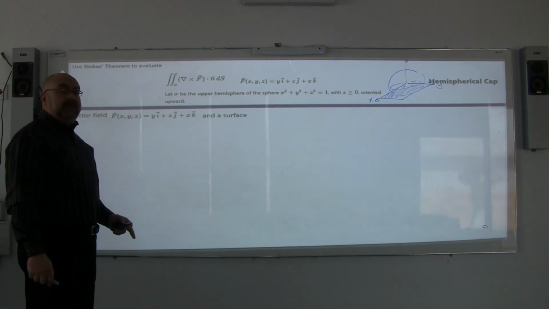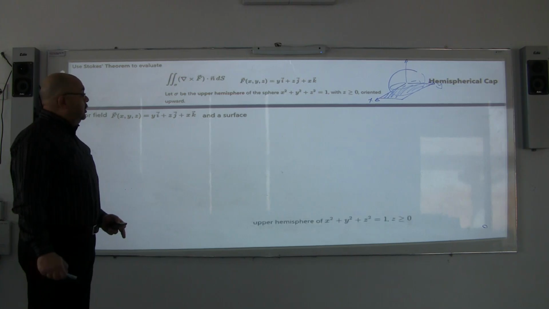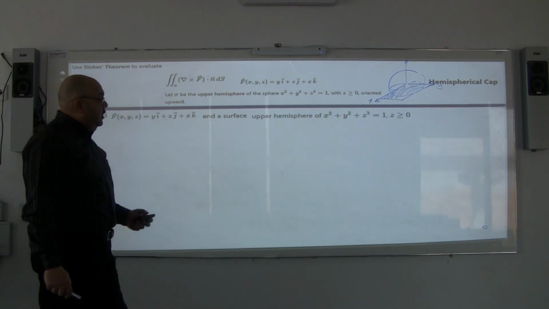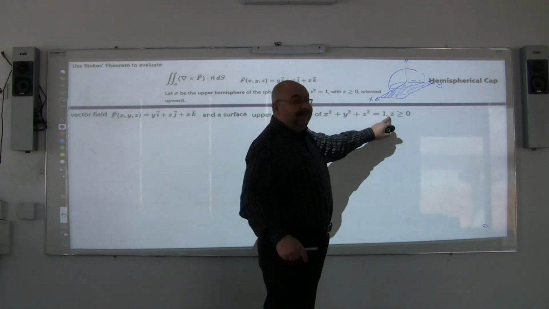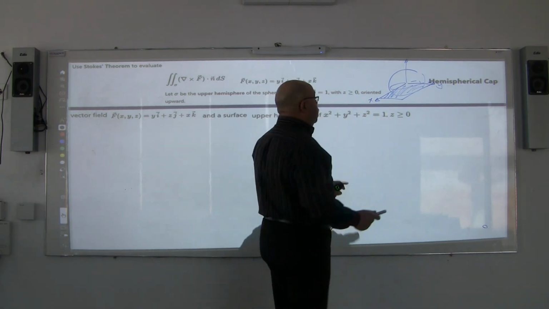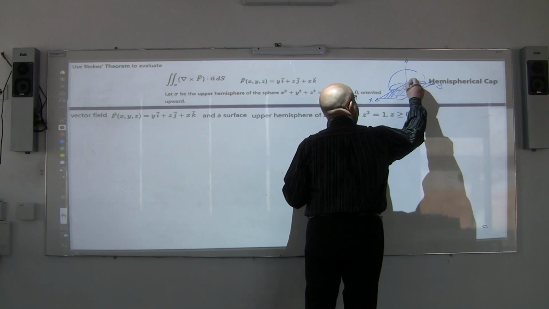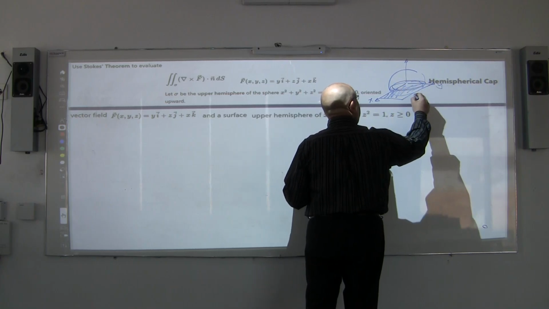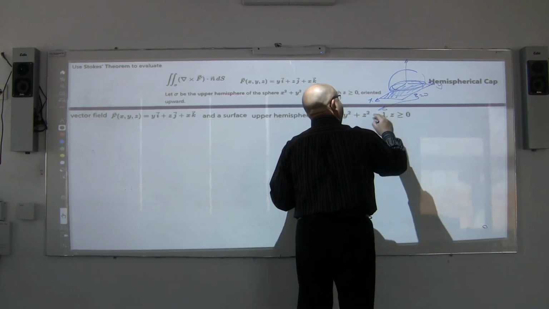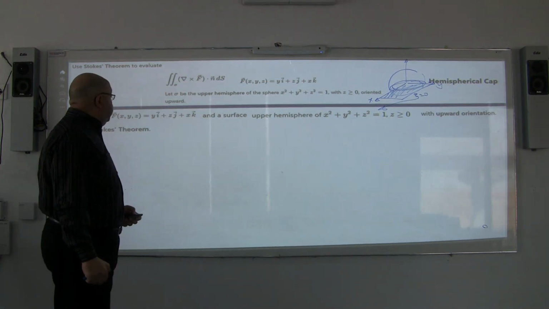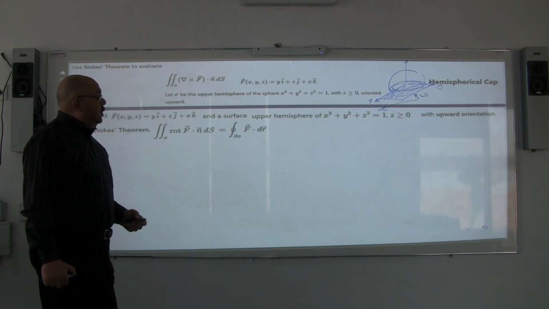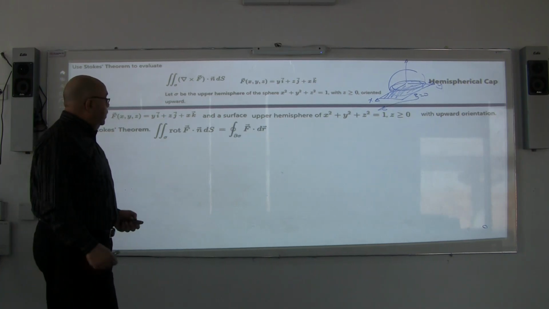I will have to go now for the surface, which is simply a hemisphere, x squared plus y squared plus z squared equal to 1, and z is greater than or equal to 0. So this circle will happen when z is equal to 0. Replacing this here, that means that your boundary is going to be x squared plus y squared equal to 1, which is a unit circle.